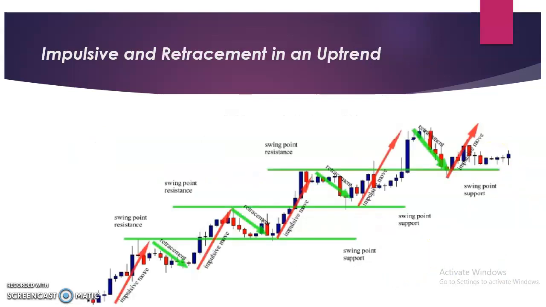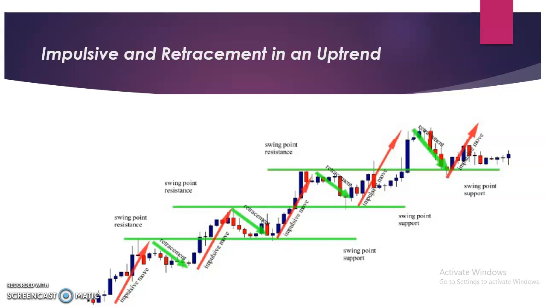Okay, so let's look at another example. This example is actually in an uptrend. The former example that we had was in a downtrend, where price was plummeting to the downside. But even though price was plummeting to the downside, it wasn't just going down just like that.